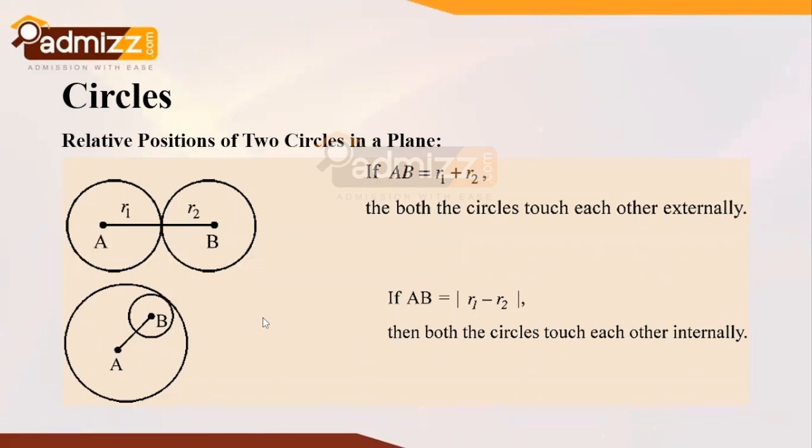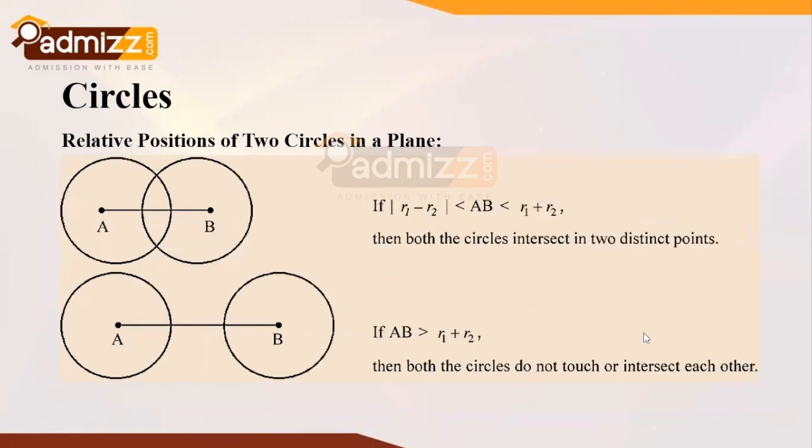If this AB distance is equal to modulus of R1 minus R2, then both the circles touch each other internally. Then, if modulus of R1 minus R2 is less than AB, that is the distance between the two centers, and AB is less than the sum of both the radii, then we can come to a conclusion that both the circles intersect in two distinct points.